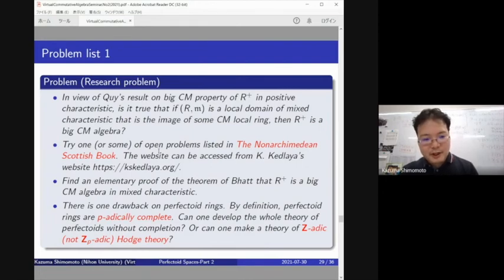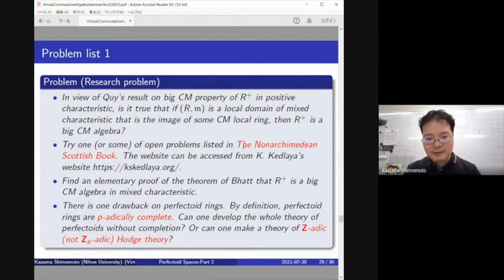And the second problem: there's a very interesting website by Kiran Kedlaya called the Non-Archimedean Scottish Book. It's named after the Polish mathematical school before World War II on functional analysis, like Banach or Steinhaus. He is making a list of many problems, not only on perfectoids, but also affinoid algebras and some commutative algebra questions.